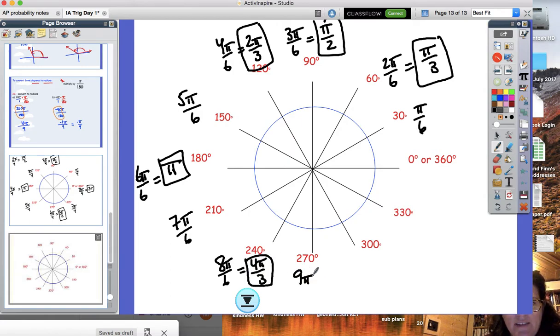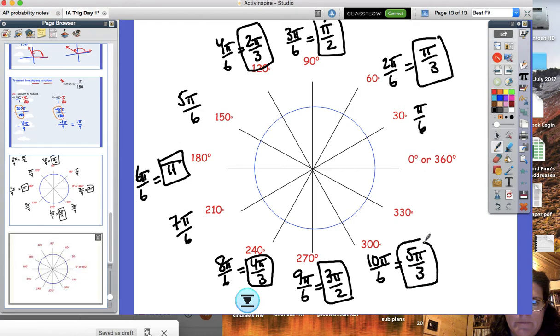This would be 9/6, which reduces down to 3 pi over 2. This would be 10/6, which is going to reduce down to 5 pi over 3. So then this is 11/6, and then this would be 12/6, which reduces down to 2 pi.